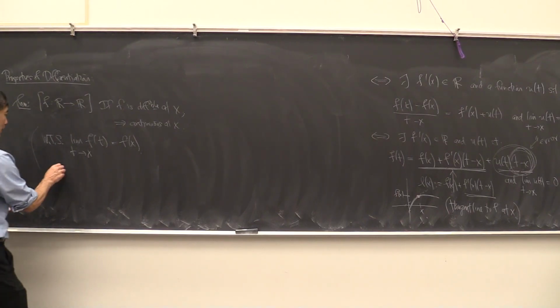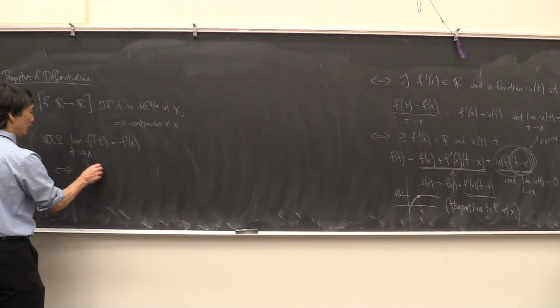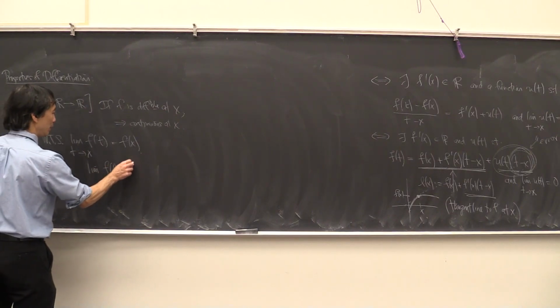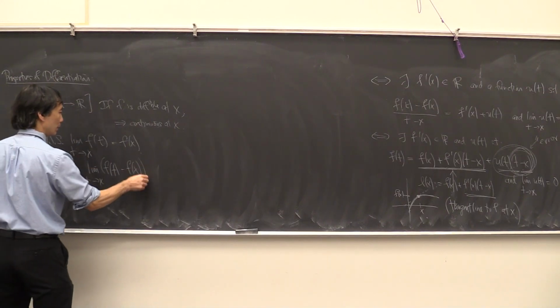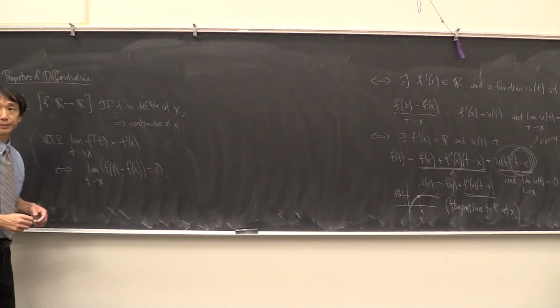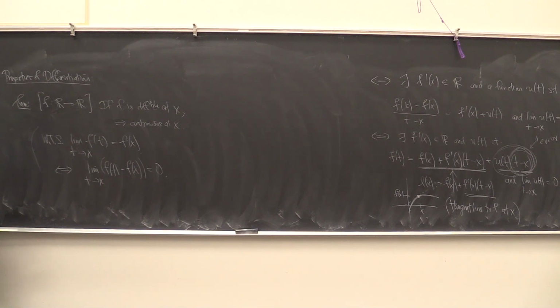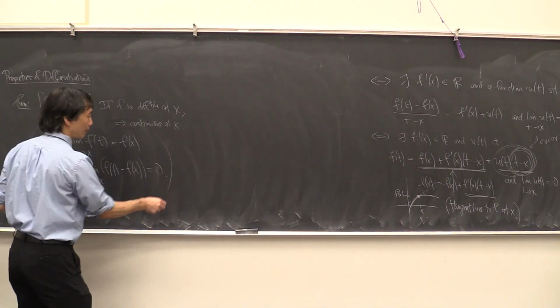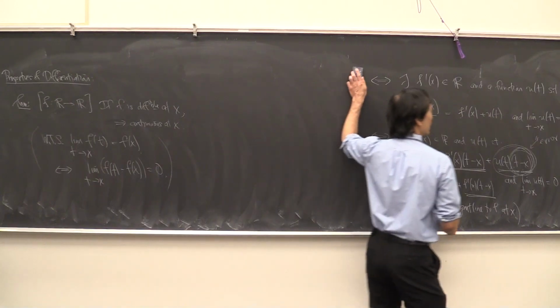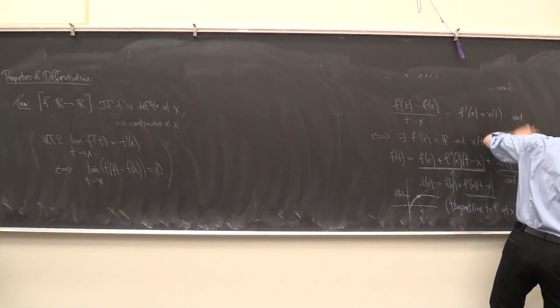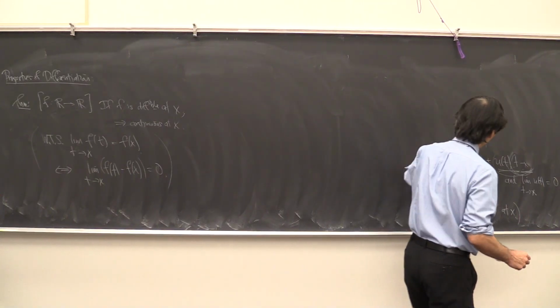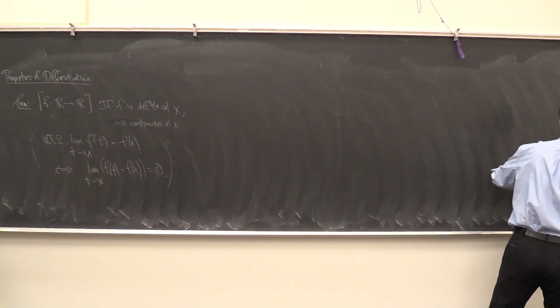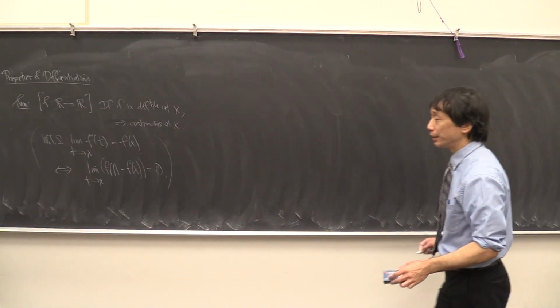Or equivalently, that the limit of f of t minus f of x as t approaches x is 0. So anybody remember how to prove this? Anybody see how we would get from differentiability to continuity?